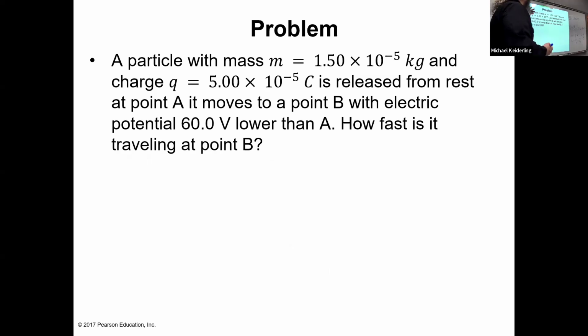So here we have a positive charge going down in potential. So this term, voltage A minus voltage B, will be positive because point A has a higher voltage than point B.